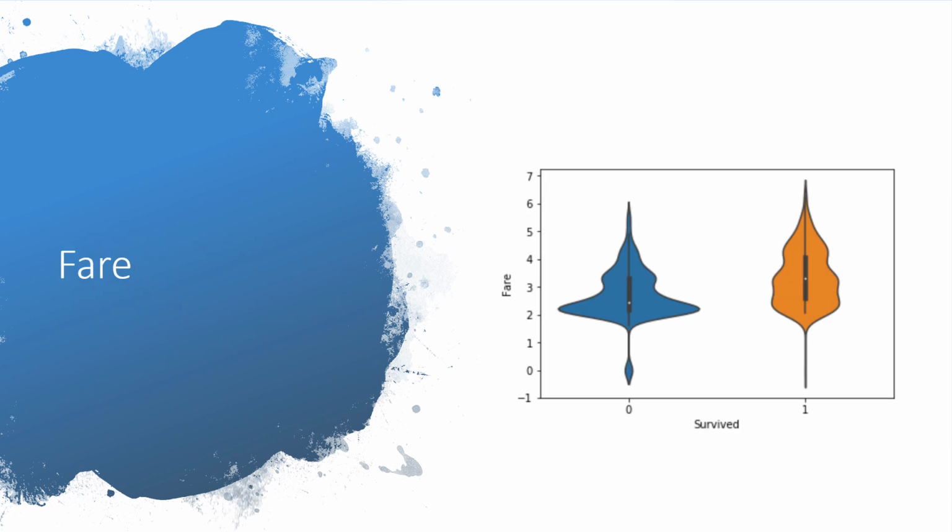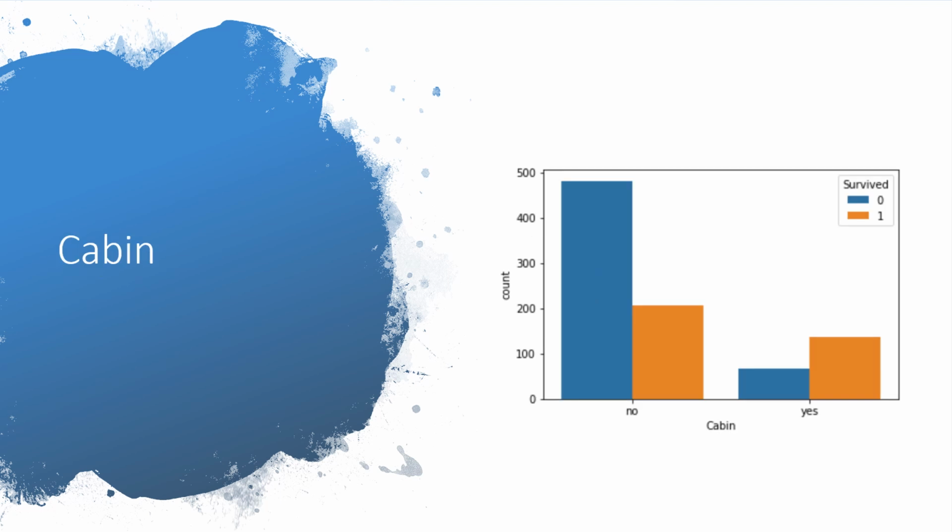For the fare factor, which means how much money they paid for the ticket, we can see it doesn't have much impact on survivability here. For the cabin, there is some missing data in the cabin category. Yes means we have the data, and no means we don't have the data.